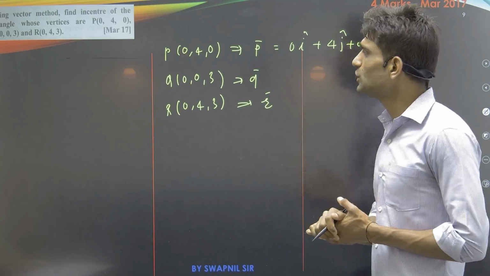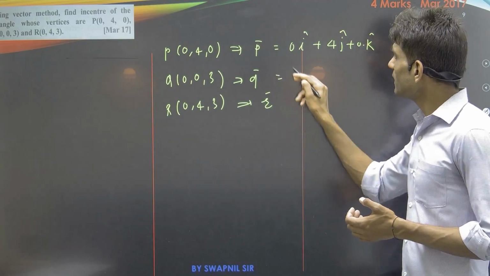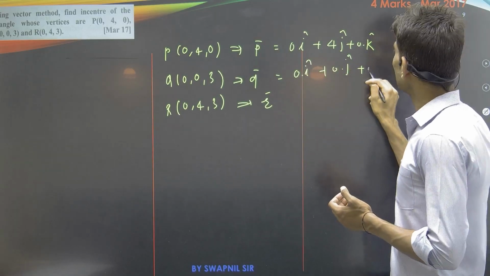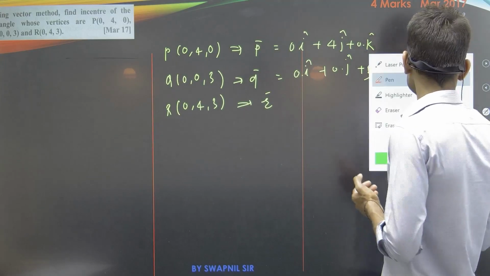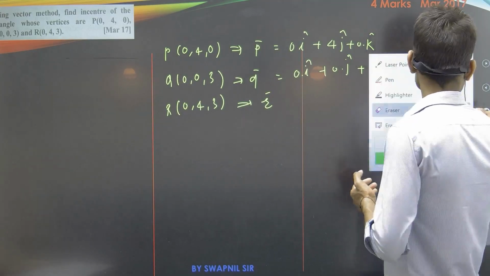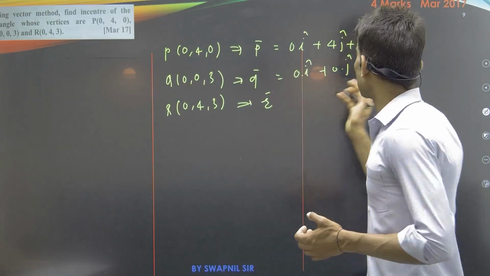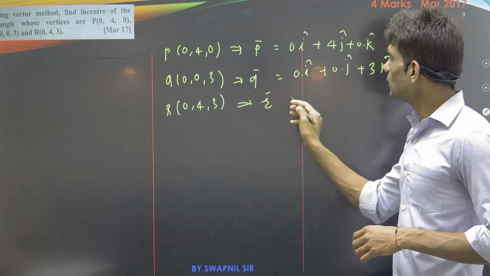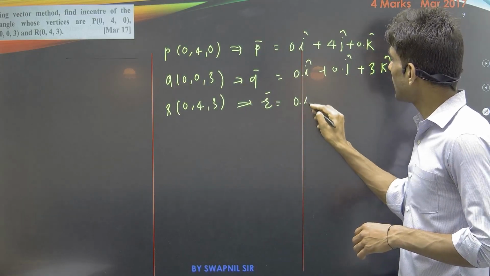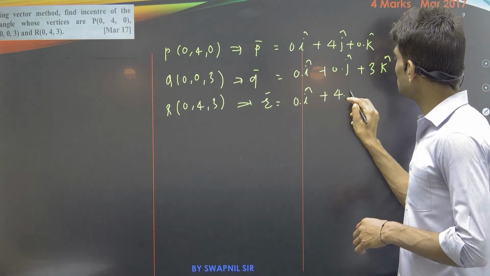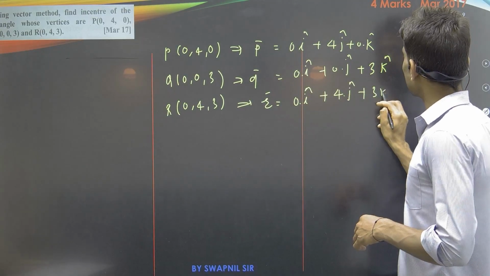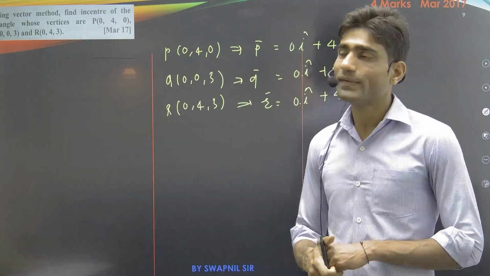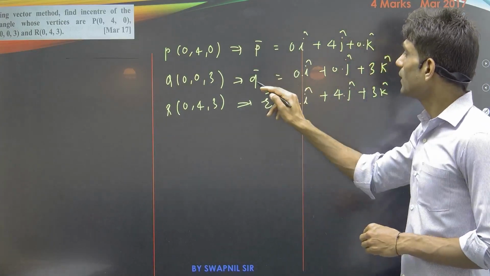Similarly, Q bar equals 0 times i cap plus 0 times j cap plus 3 times k cap. The third position vector, R bar, equals 0 times i cap plus 4 times j cap plus 3 times k cap. So we have the three position vectors P bar, Q bar and R bar.